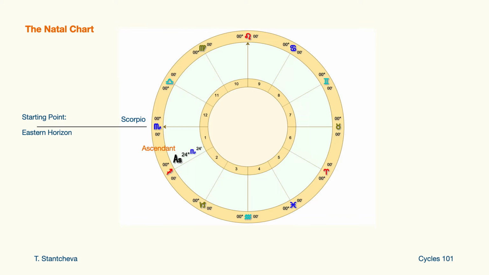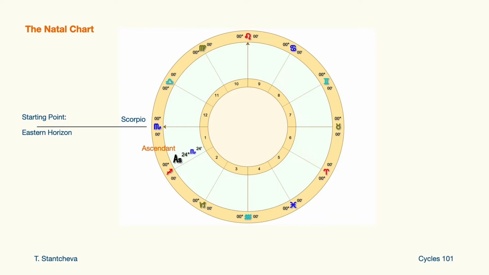That point, that spot is called the Ascendant, and it's marked as AS on the chart. And you can see here that actually Scorpio was almost entirely above the horizon because the exact degree was 24 degrees. If I had waited a little bit longer, Sagittarius now would have been on the eastern horizon.